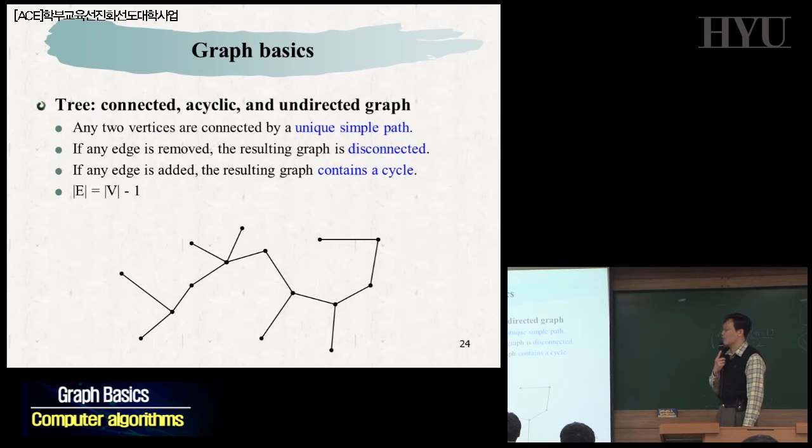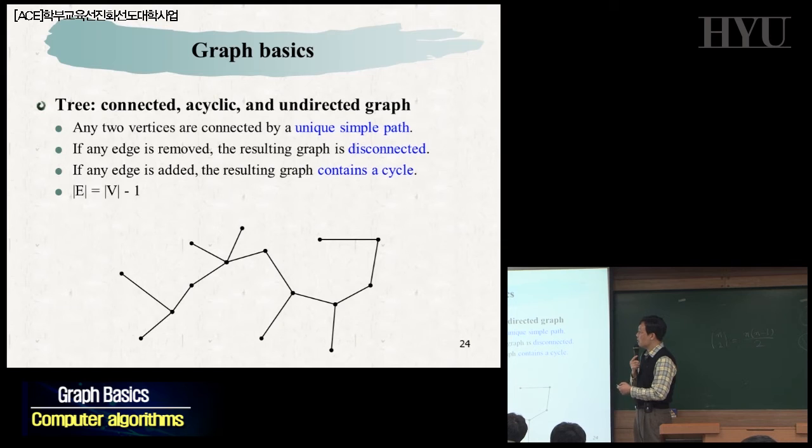And then let's try to understand the 3 characteristics more. The definition of a tree is a connected, acyclic, and undirected graph. But a tree satisfies these 4 characteristics. The first one is any 2 vertices are connected by a unique simple path.